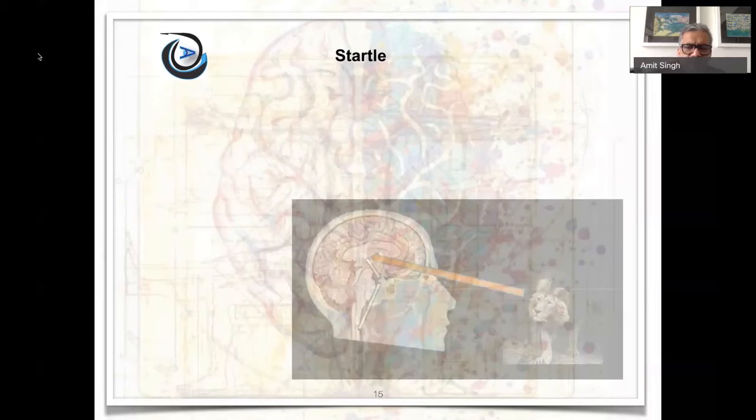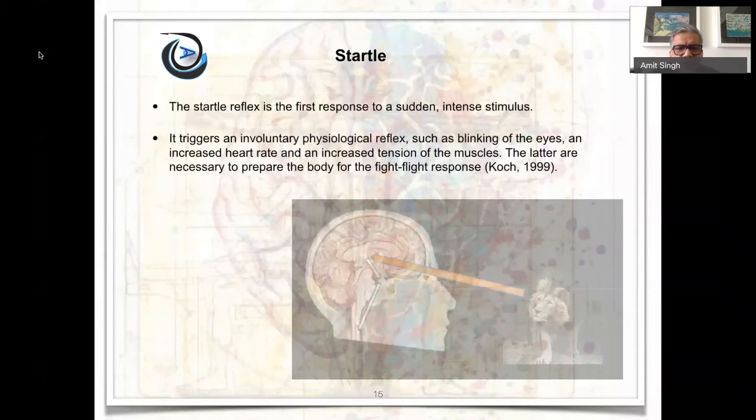Startle, everybody has experienced startle in their lifetime. What basically happens in startle is that the startle reflex is the first response to a sudden intense stimulus. It triggers an involuntary physiological reflex such as blinking of eyes, increased heart rate, and increased tension of the muscles.